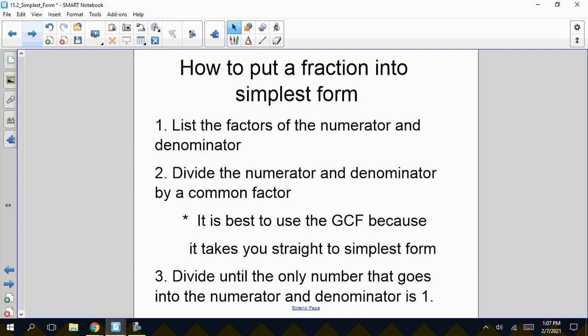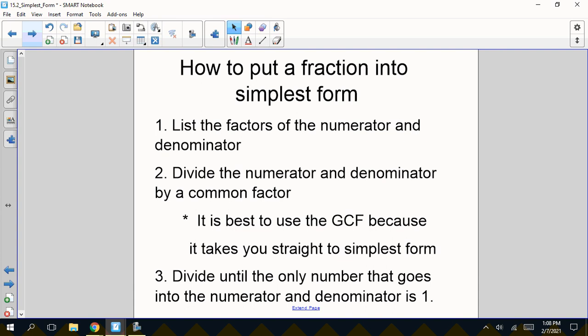But if you divide by the GCF, it will be one step and you will get straight to simplest form. You are going to continue to divide. Step 3: divide until the only number that goes into the numerator and the denominator is 1. That doesn't mean that both the numerator and denominator are going to be 1. It means the only number that goes into both the top and the bottom is 1.